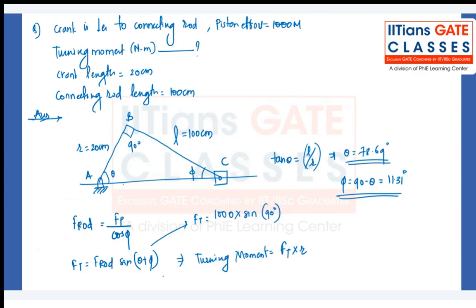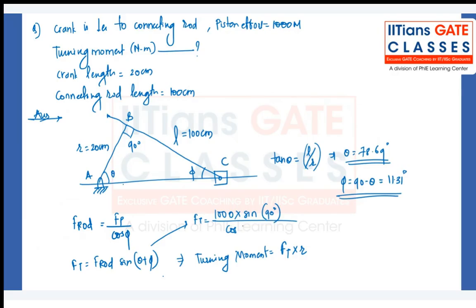Theta plus phi is 90 degree, of course, in this case. So sine 90 is 1. In this case, basically your Ft itself will be your F rod. Remember that in this particular case, because this angle is 90 degree, Ft itself is your F rod.